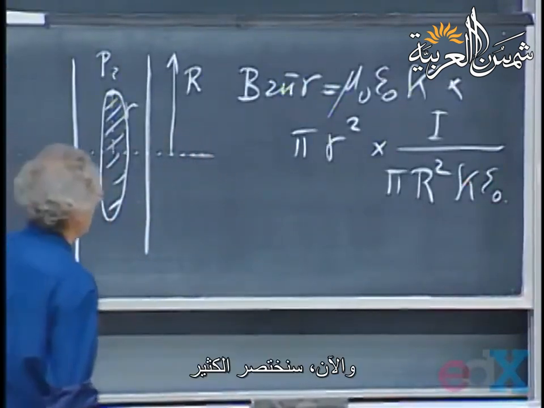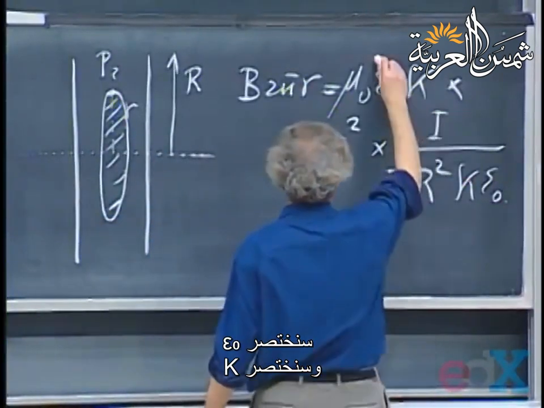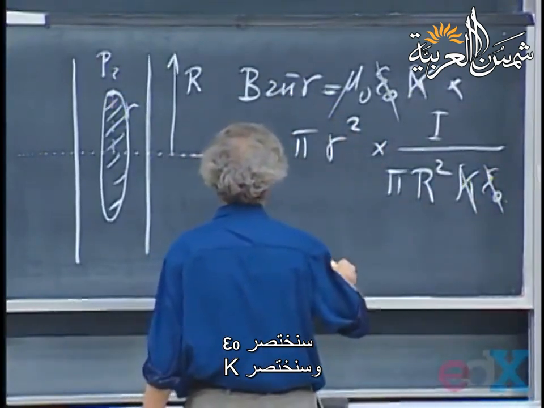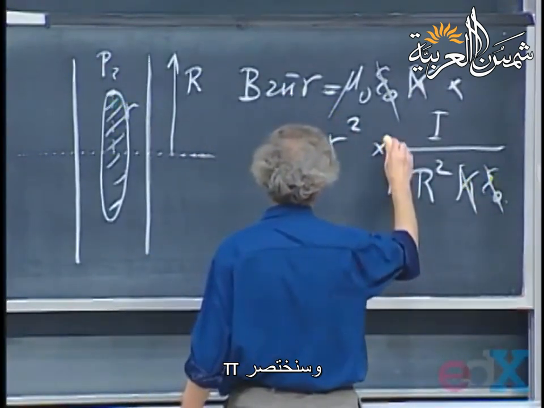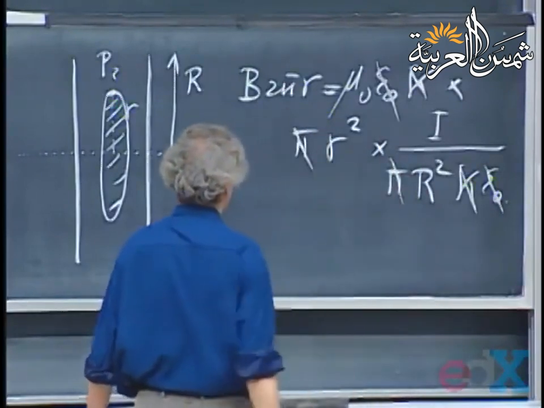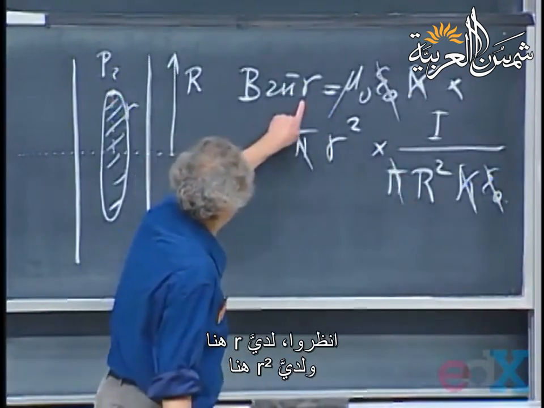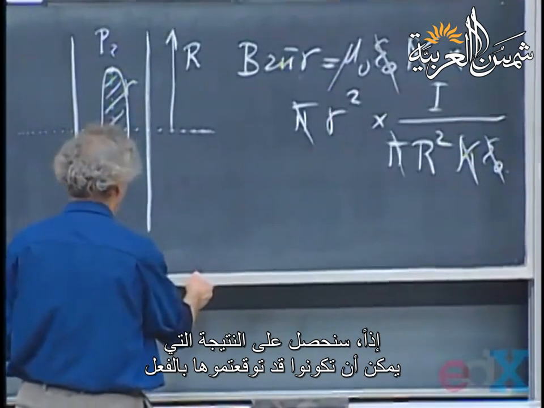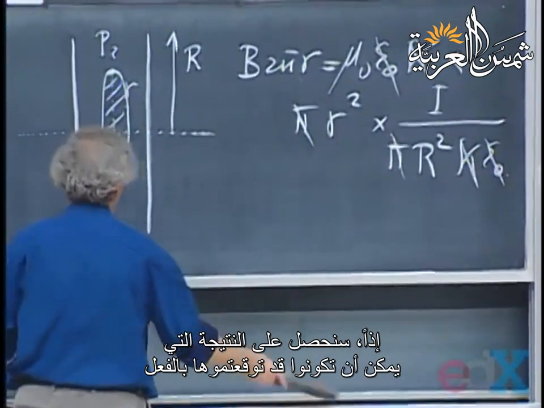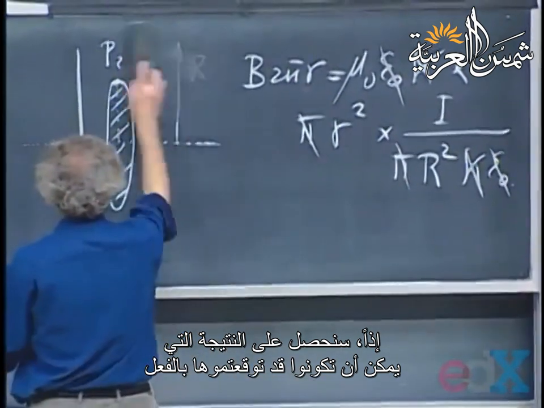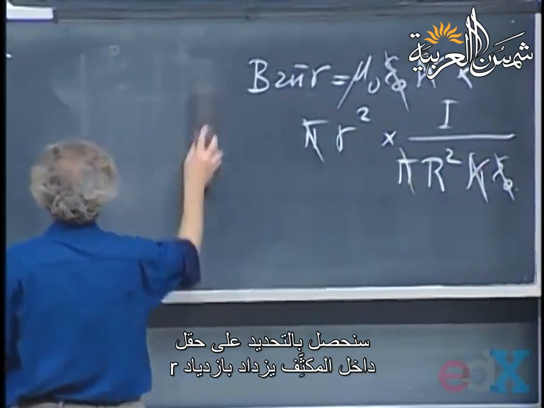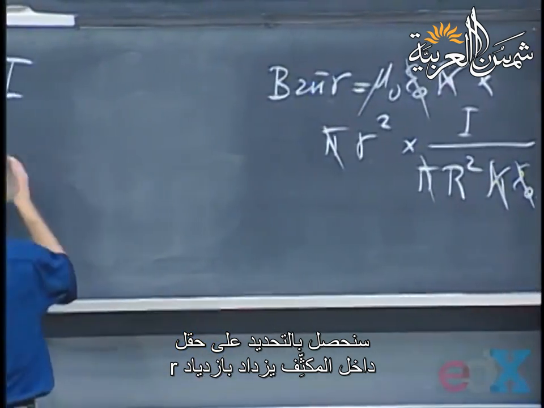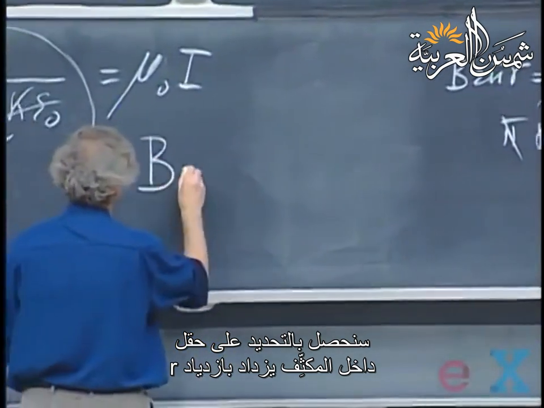And now you're again losing a lot. You lose your epsilon zero, you lose your kappa, I lose a pi. And look, I have a little r here and I have a little r square there. So now we're going to get a result, which is something that you may actually have anticipated, namely that you get a field inside the capacitor that is growing with r.